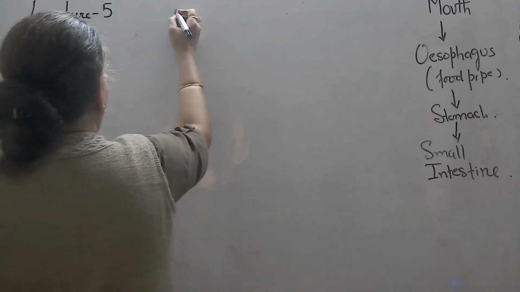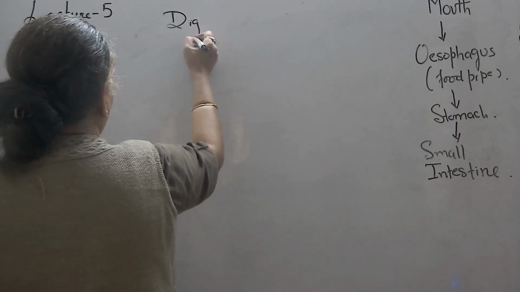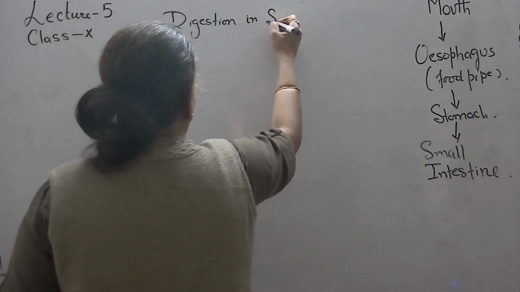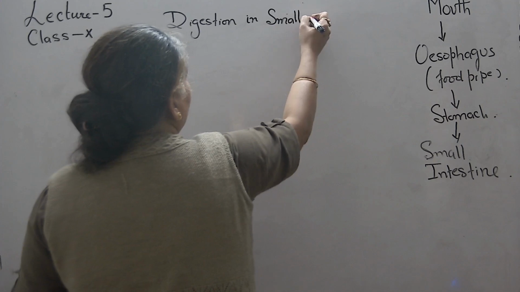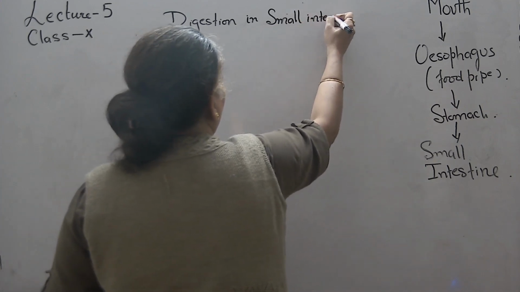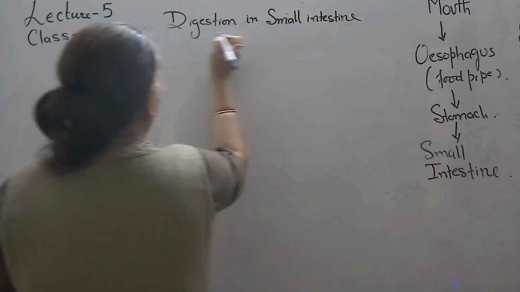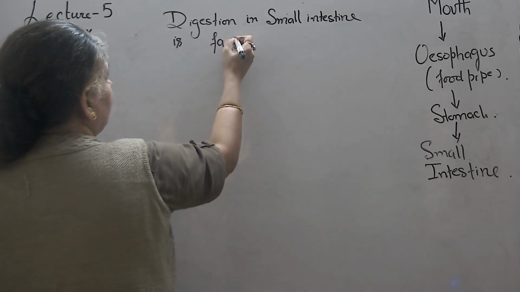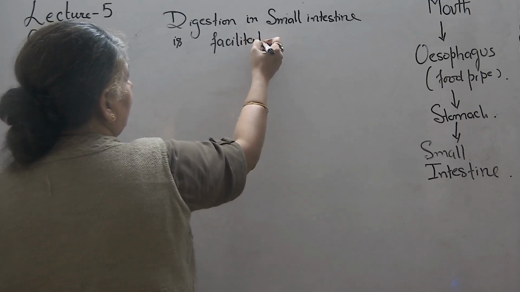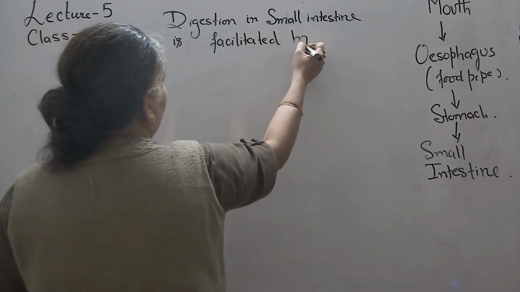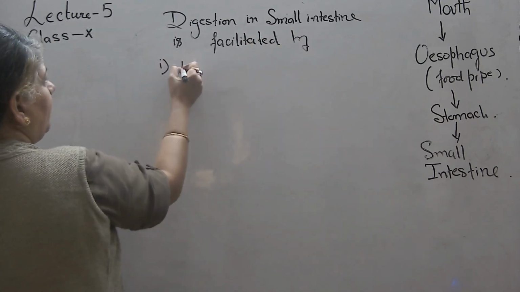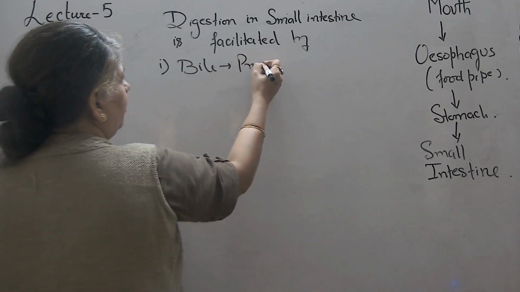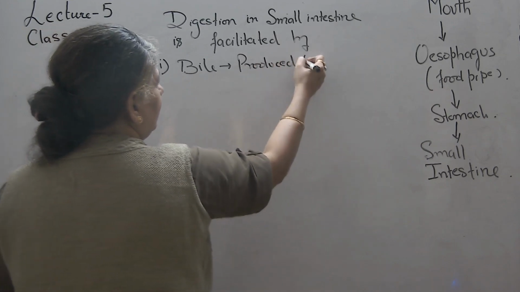Digestion in small intestine is facilitated by first, bile produced by liver.